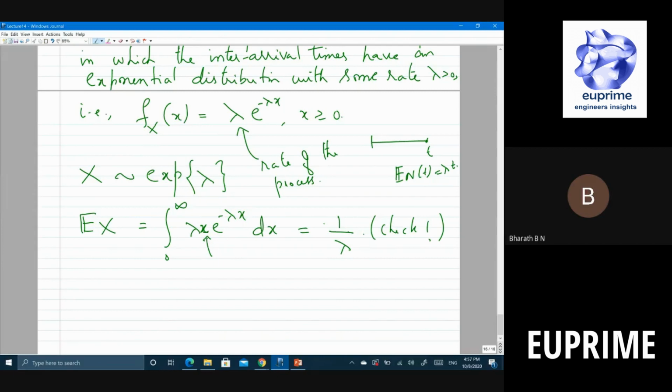So now if it is 1 by lambda, the average inter-arrival time is 1 by lambda. What does that mean? Every 1 by lambda seconds, on average, there will be one arrival.